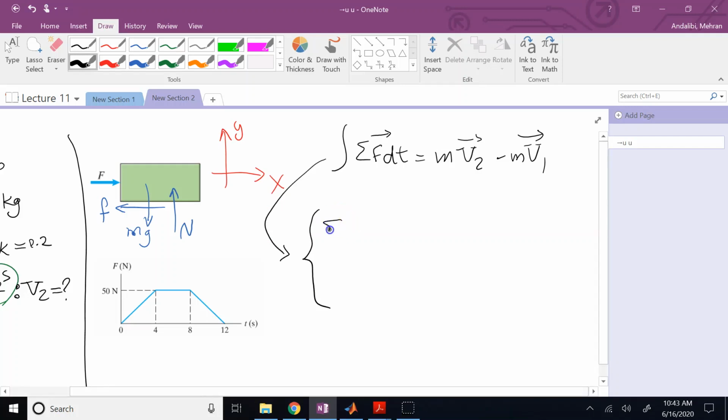If I write it along x, it is going to be the integral of sum Fx dt equal to mv2x minus mv1x. And then the same thing in the y direction.